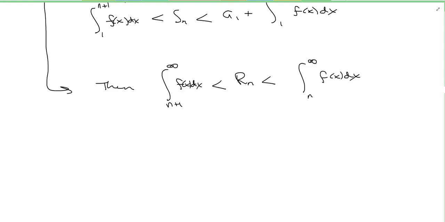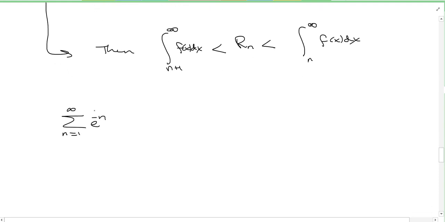Back to the series from our prior example: if I let the series be from 1 to infinity of e to the minus n, then we already computed what S20 was. We did it in the prior video, so if you haven't seen that video, go back and find it.